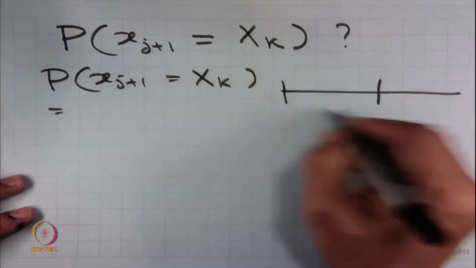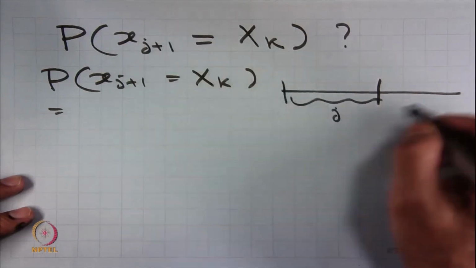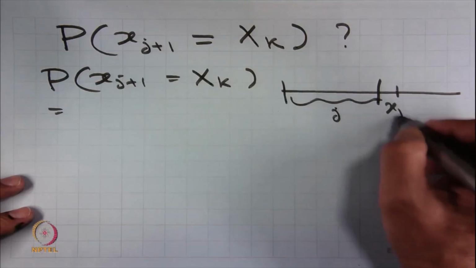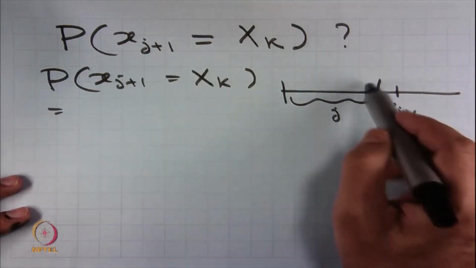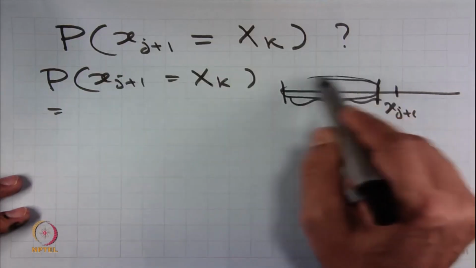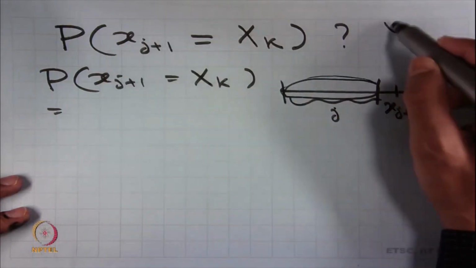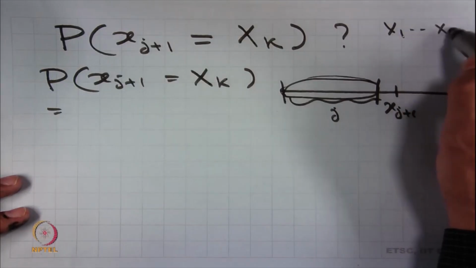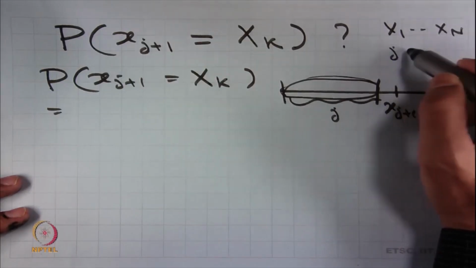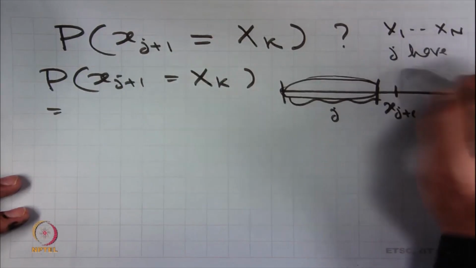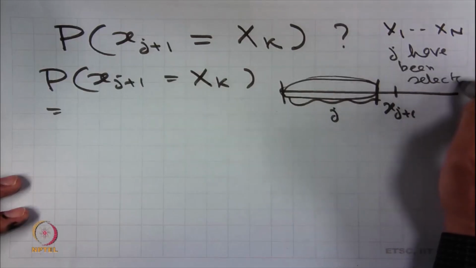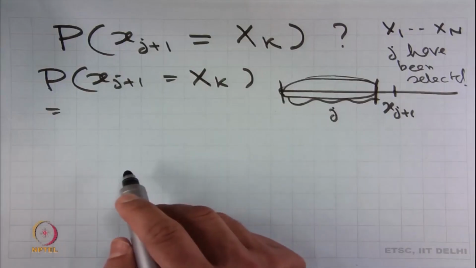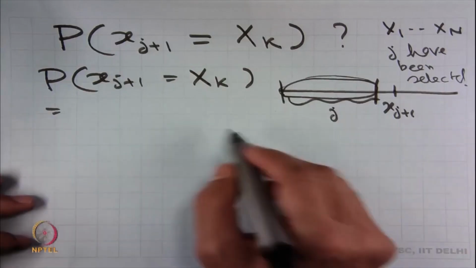First, j samples have been chosen and I am looking at the j plus 1th sample. In the first j samples, out of x 1, x 2, up to x n, j have been selected. Since j of them have been selected, how many are left?